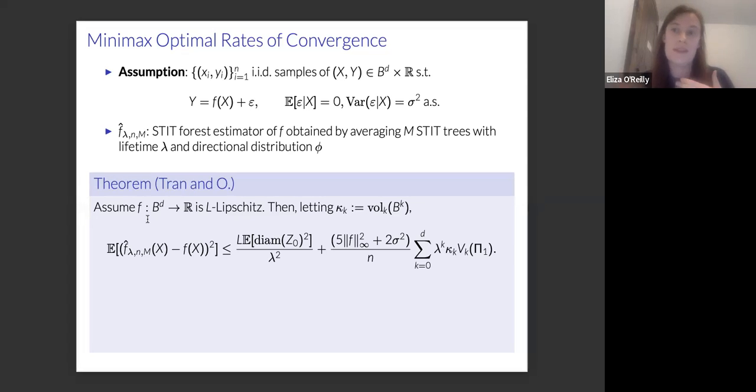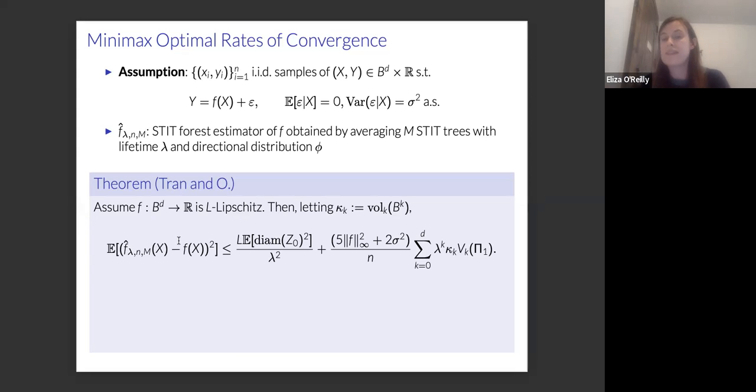So what's the error between the best possible thing you could choose from that class and our true function? It turns out this is upper bounded by the second moment of the diameter of the zero cell.